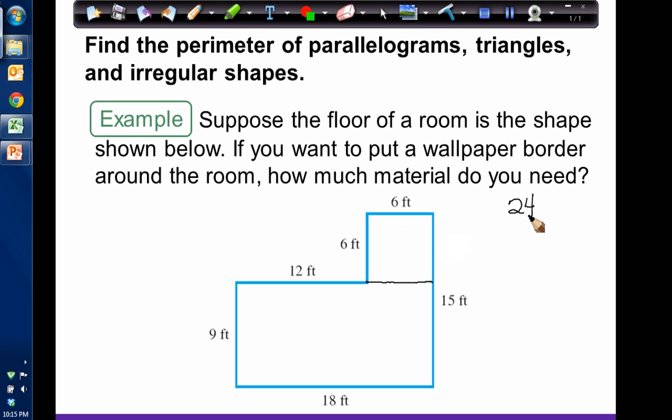I'm going to say 24. We have 9, 15, 18 and 15. Okay, so that's 66 feet.